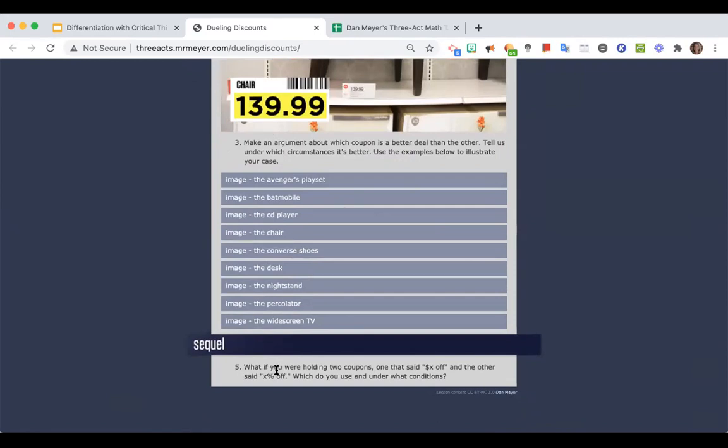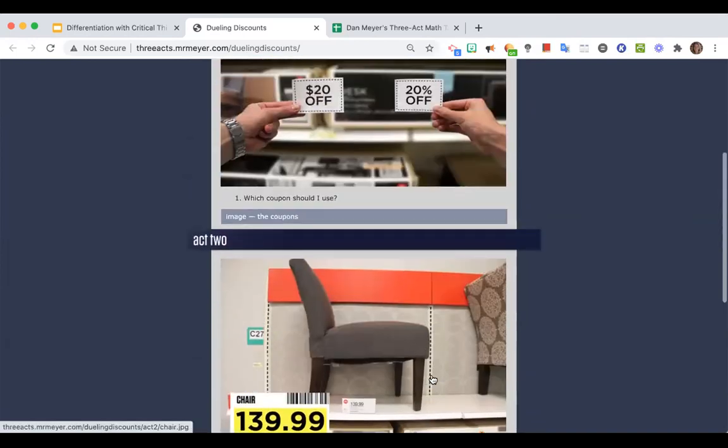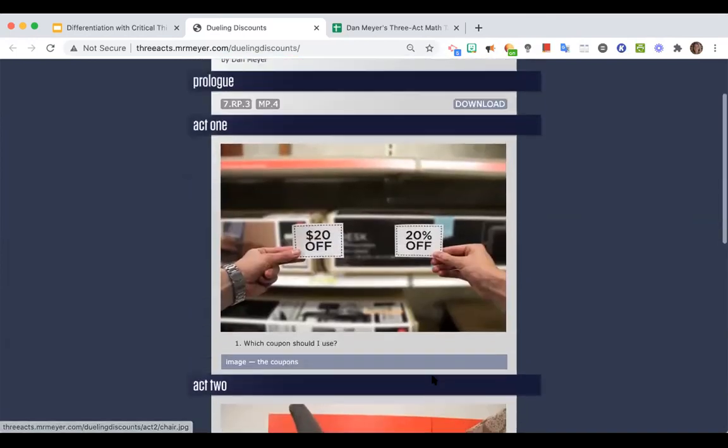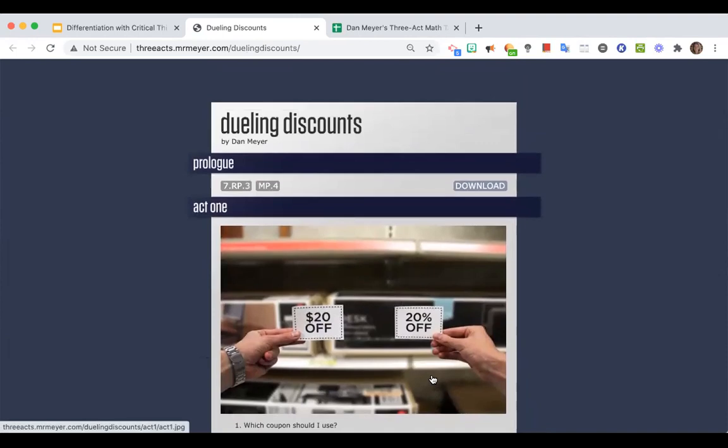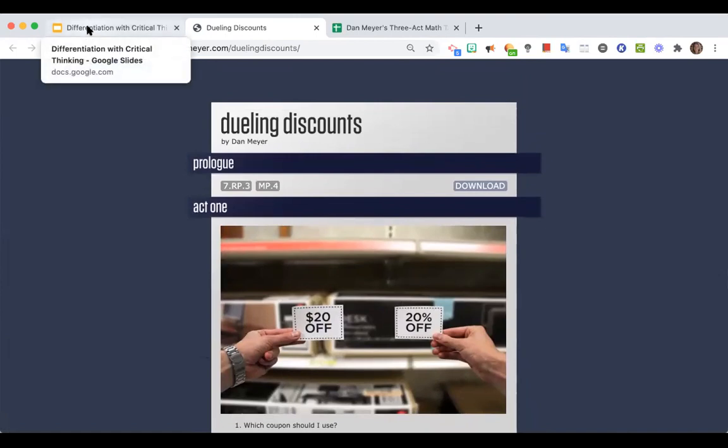What if you were holding two coupons, one that said X off and the other said X percent off? Which do you use and under what conditions? So again, these questions progress in level of difficulty and level of depth of knowledge. This is a great example for math teachers, and I would encourage all teachers to visit this site just to see in what way the questions are being presented.